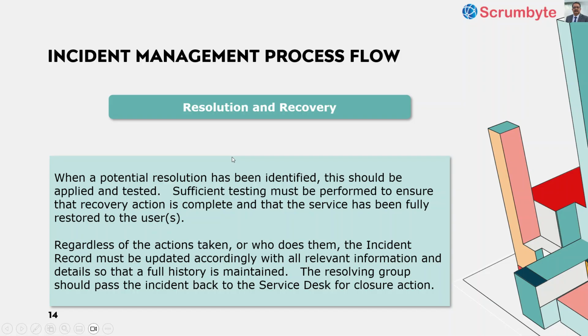Whatever action is taken, or whoever does them, the incident record must be updated continuously, so that you have a complete history of what has taken place. The resolving group should pass the incident back to the service desk for closure. That means some kind of solution has been found and you are able to finally close the incident.